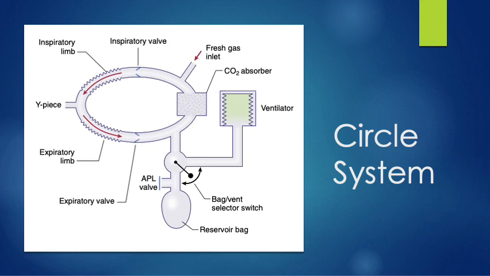However, if the patient is on spontaneous mode, the APL valve does matter. And again, that's easier to understand when looking at an anesthesia machine, and I'm happy to answer any questions that you may have. So moving further, you can see where the ventilator is located, and then the CO2 absorber is also there.